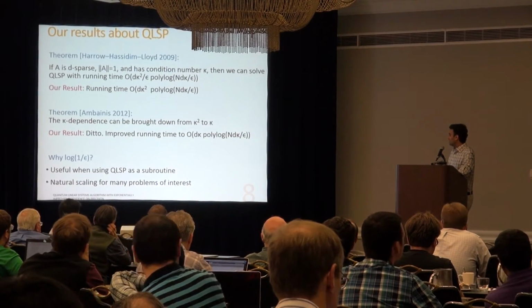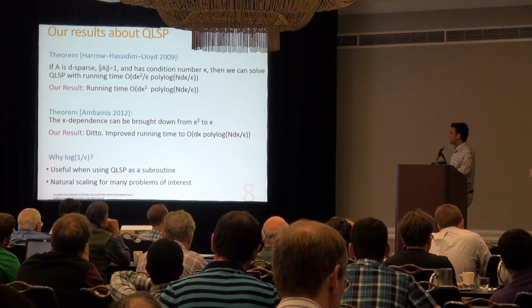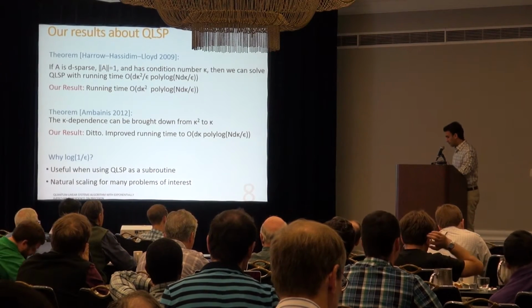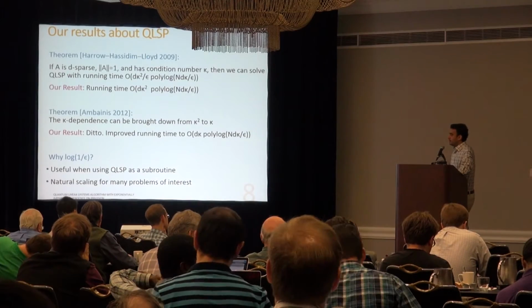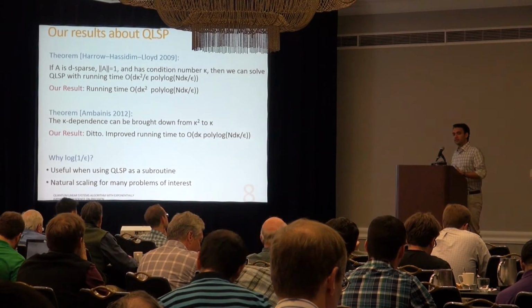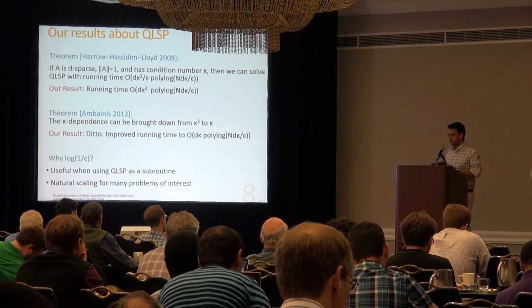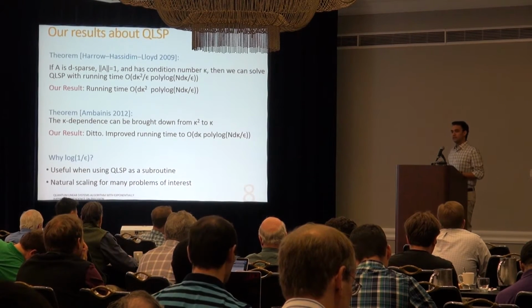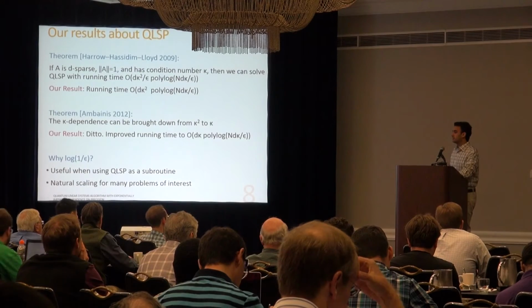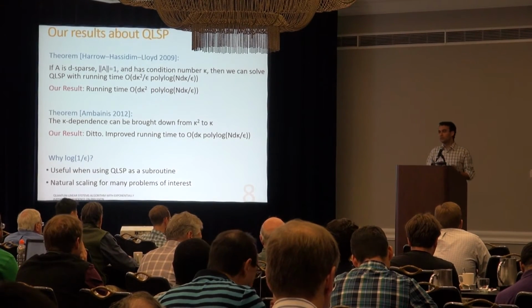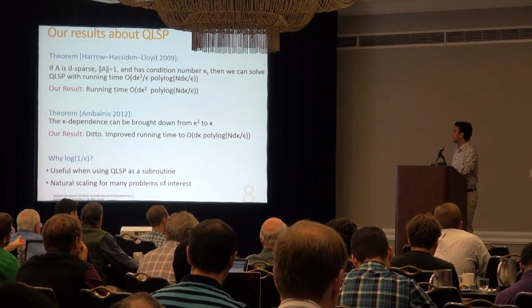But also, I think it's important when you're using the linear system solver as a subroutine. What I mean by this is, say you have a quantum algorithm, and as part of it, you want to solve a linear system of equations. Unless you're literally just solving the linear system problem, you're probably going to call this algorithm a bunch of times as a subroutine, maybe with different parameters, maybe with different linear systems of equations.